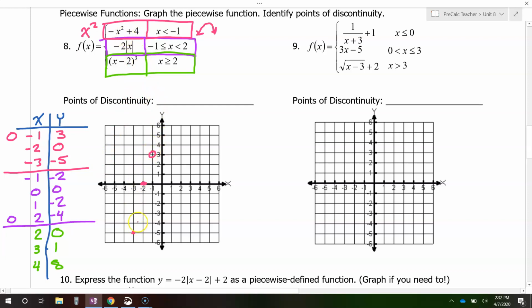Okay, so if I had the full parabola, this is an upside down parabola that has been moved up 4. So the vertex would have been here. So if I had the entire parabola, it would have looked like this. All right, that's what the whole parabola would have looked like. But we're just going to have this part over here.